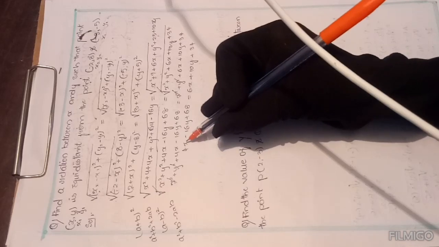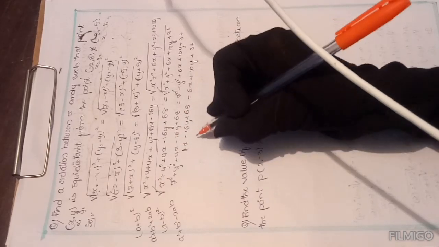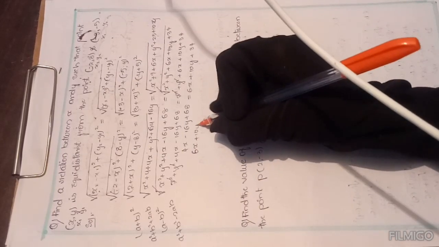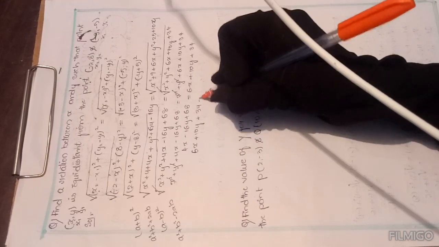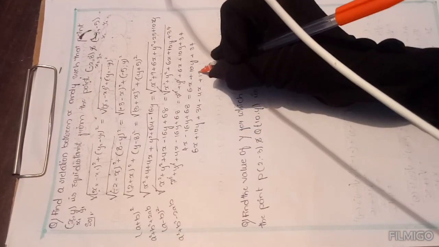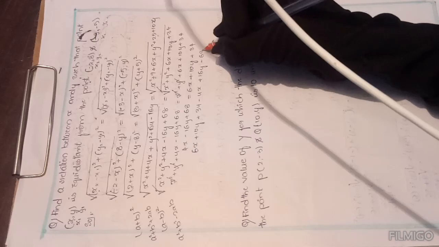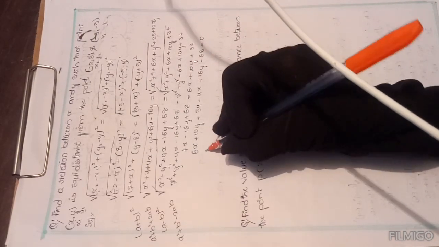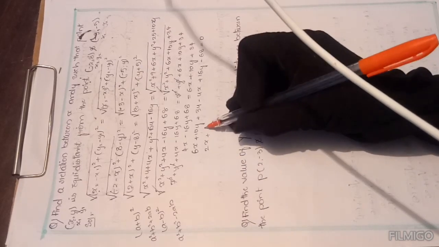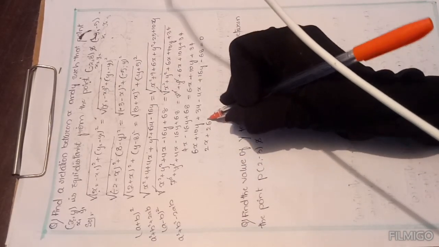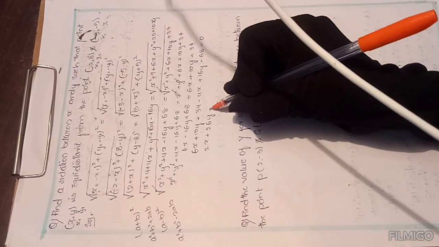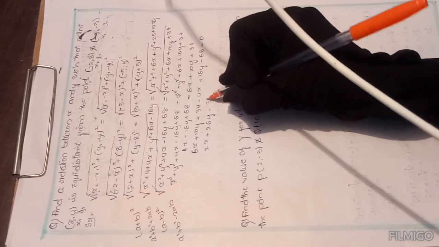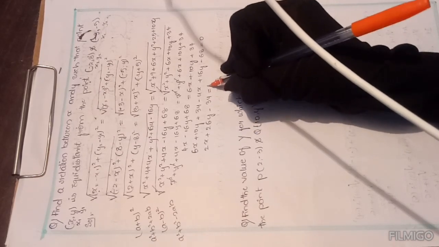If we shift all these terms to the right hand side, it will become 6x plus 10y plus 34 minus 4x plus 16y minus 68 equals 0. 6x minus 4x is 2x, 10y plus 16y is 26y, and 34 minus 68 is minus 34, equals 0.